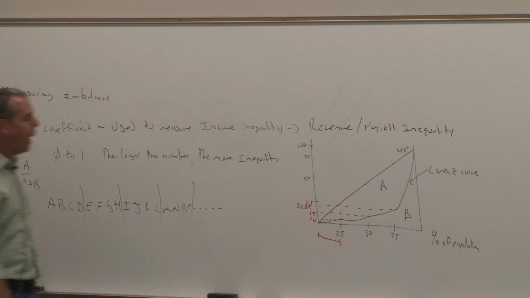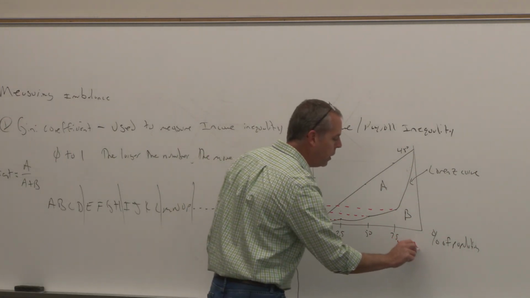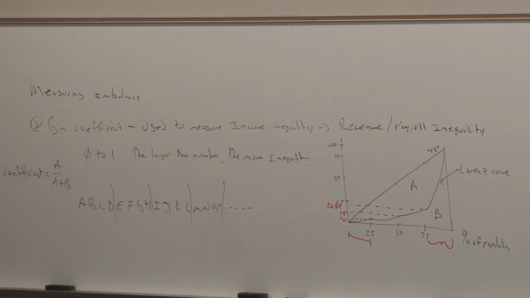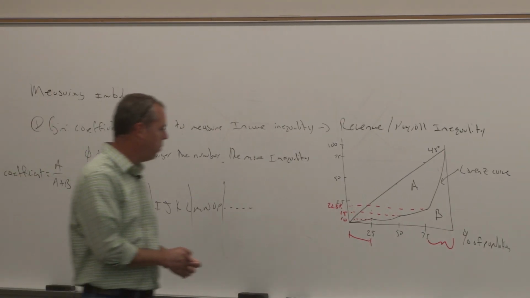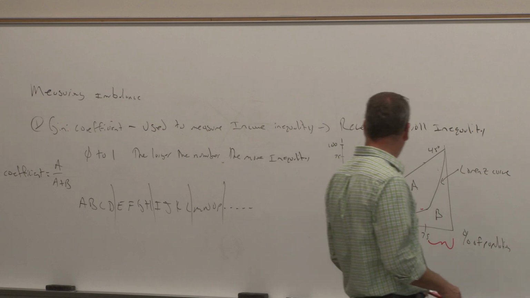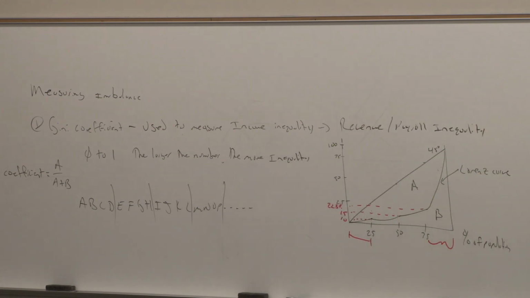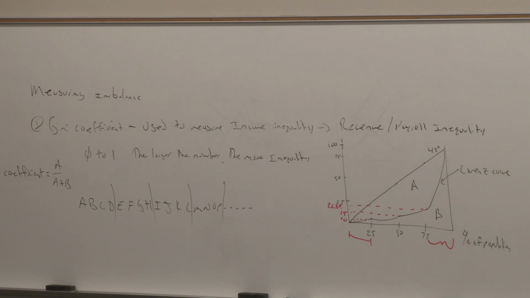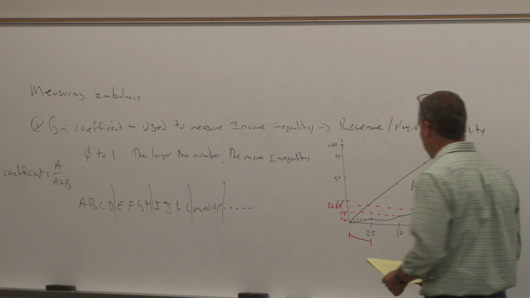Which means this last 25% of teams has 77.7% of the revenue, basically, is what that means. I mean, we can use this in all kinds of different ways.